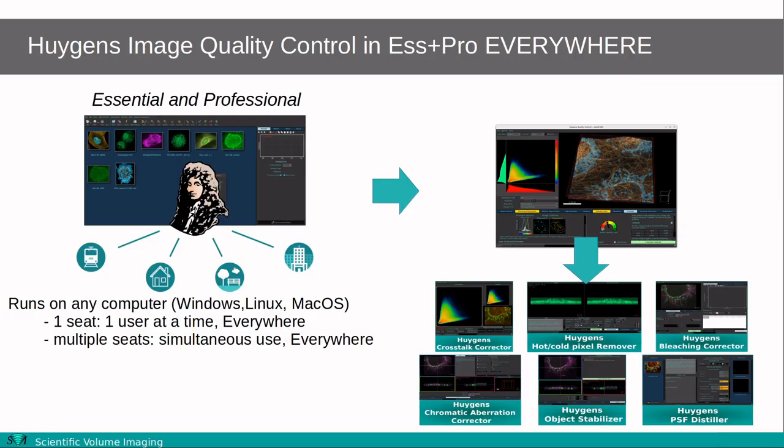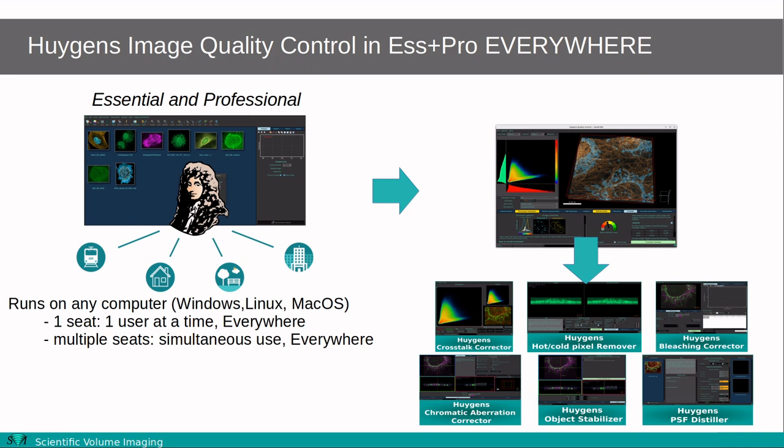How can Huygens be used with the image quality control option and the respective correction options? You may have a node-locked license linked to one computer, but it can be remotely accessed. You can upgrade that to everywhere for one seat, or one user at a time, and that one user at a time can use it then everywhere.